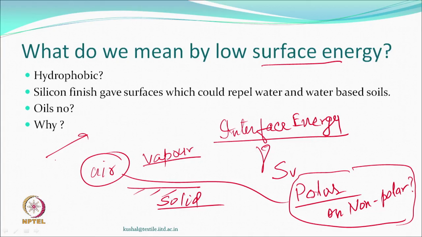If all of them are directed in one direction or more or less in one direction, then the polarity obviously increases quite a lot. If one is pointing in one direction, the other in another direction, these dipoles, and if you find the average magnitude and direction overall cancel each other, then it becomes a non-polar kind of environment. So, theoretically we can call air as something which is generally non-polar.